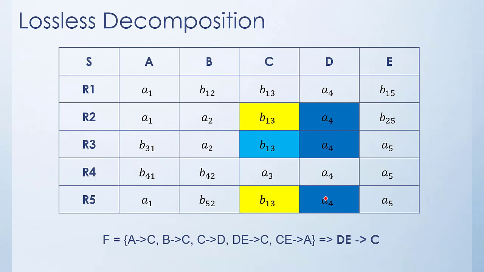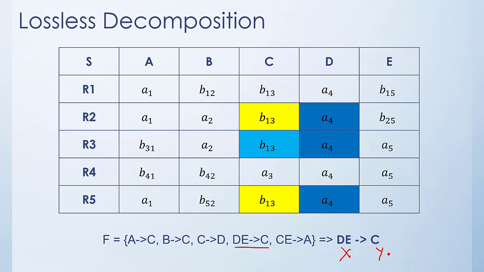Next, we need to consider the next functional dependency, that is DE determines C. So here X is DE and my Y is C. Remember, D and E both make my X. So we need to consider that the symbols for both attributes are the same. The symbols for the D attribute as well as the E attribute must be the same for the rows.